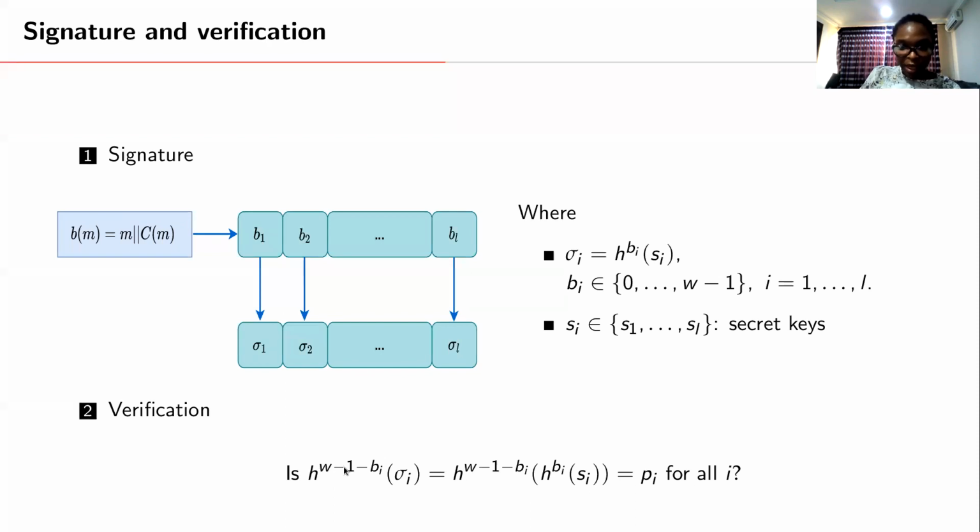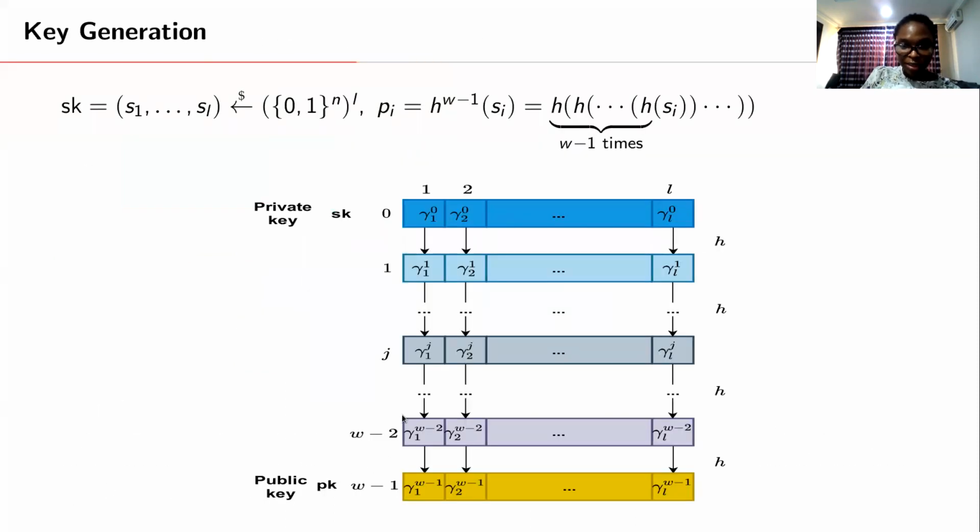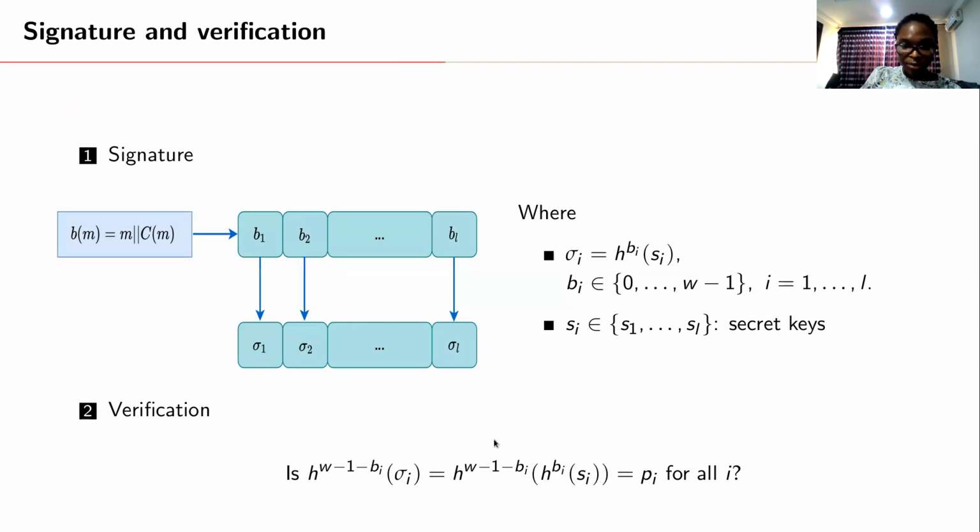Let's say b_i is this element. We evaluate the hash function from this part on this element, and if we get the public key element, it means that the signature is correct. That is what is explained here.